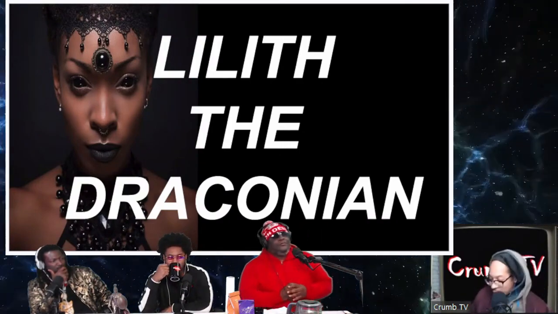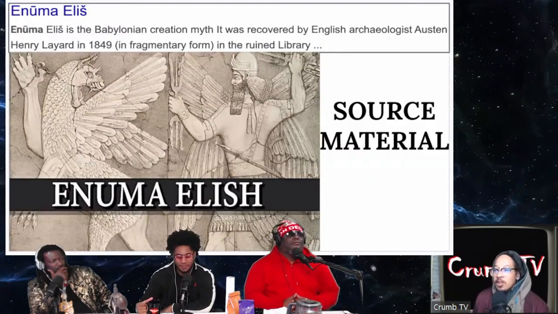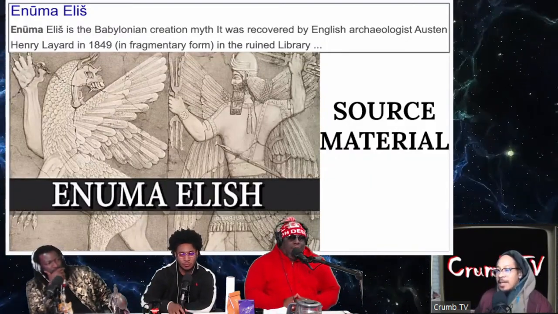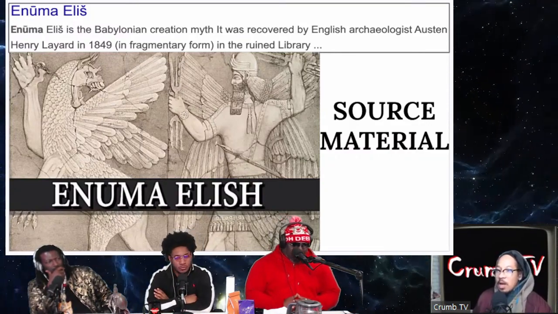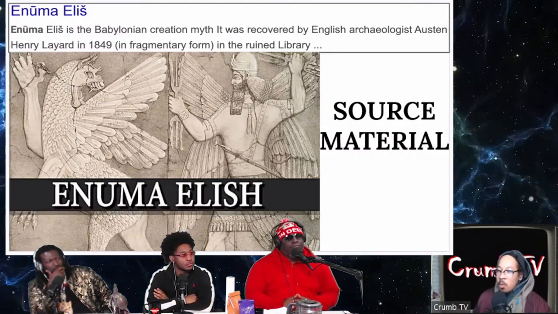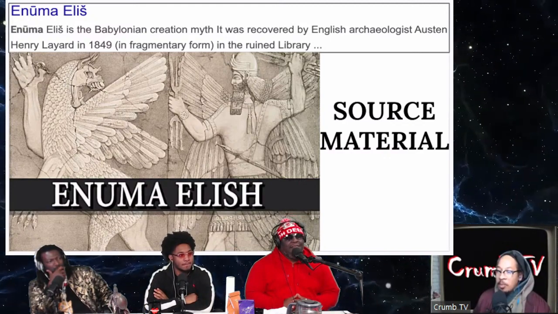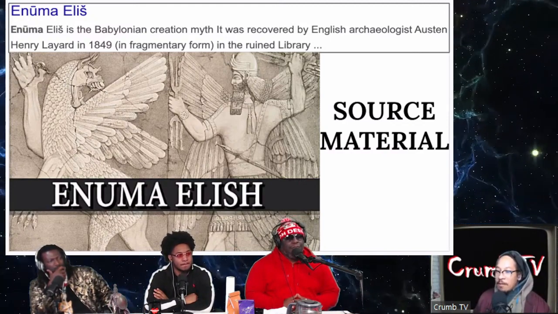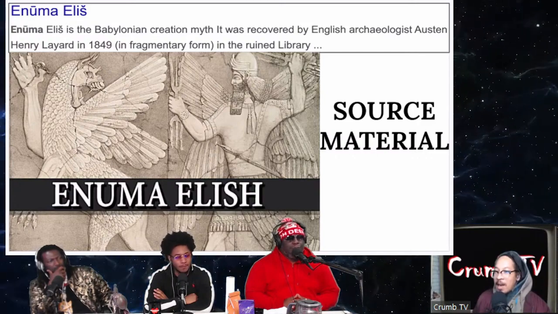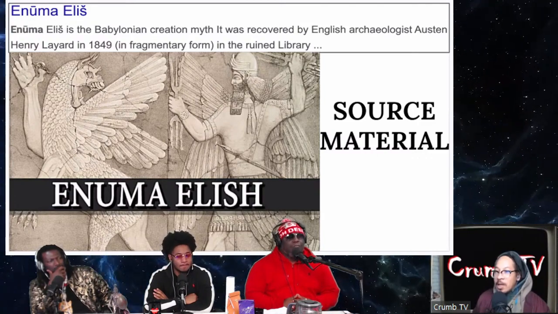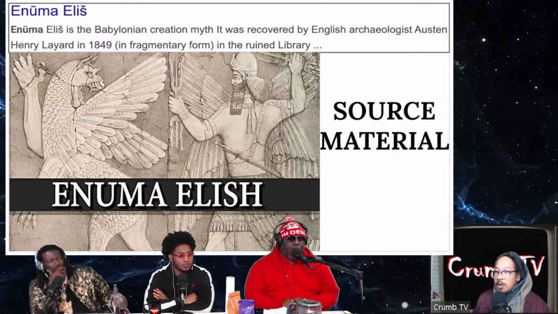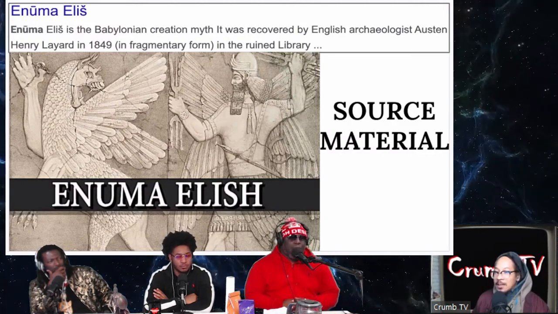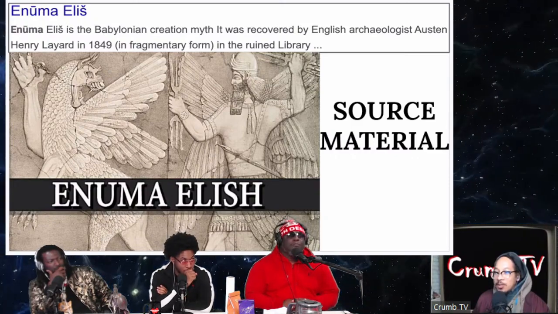Lilith, the Draconian. So the Enuma Elish, I told you I would bring my source material. The first source material was from the Book of Lilith, which was more of a Judaic background. But the Enuma Elish is less Christian, more paganism, I guess you could say.